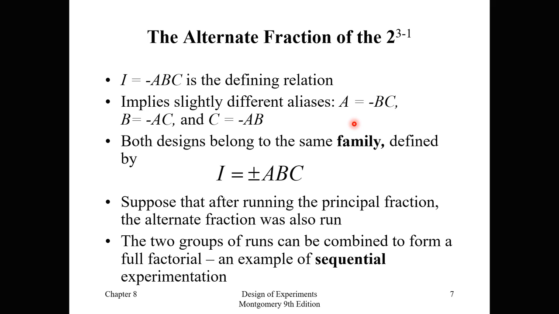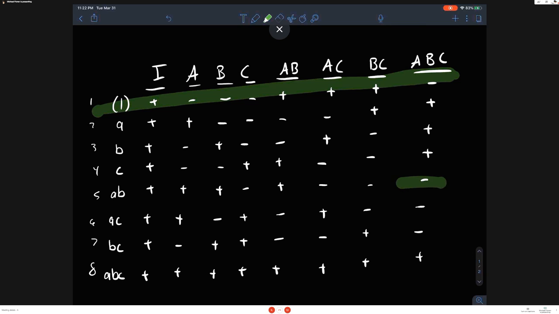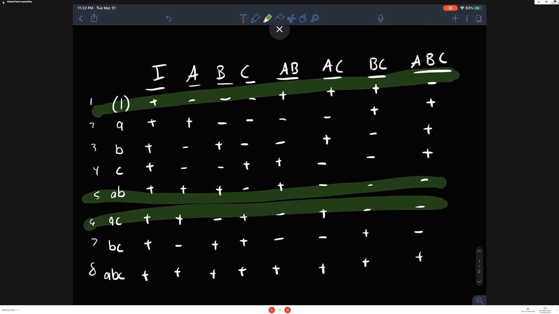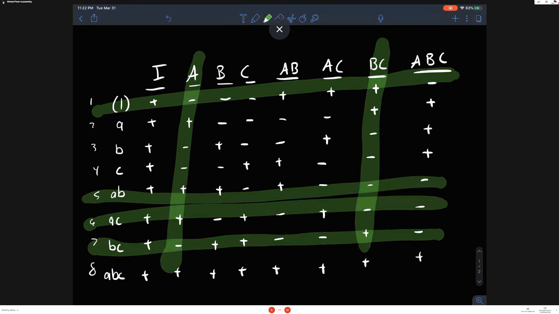And if we go back, we can actually see this. In fact, I think I have my table still up on my chalkboard here. So what we're saying is that if we look at the opposite of ABC, so where all the minus signs are on ABC, and I apologize, my chart isn't as well put together, and then we look specifically at A and BC, where these are crossing over, these should be the opposite.